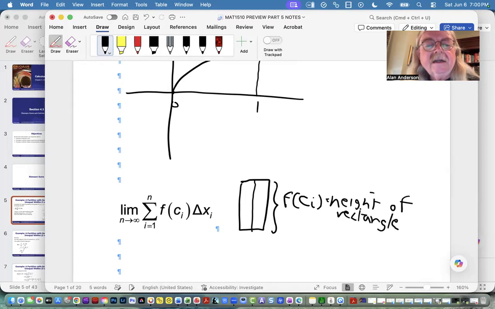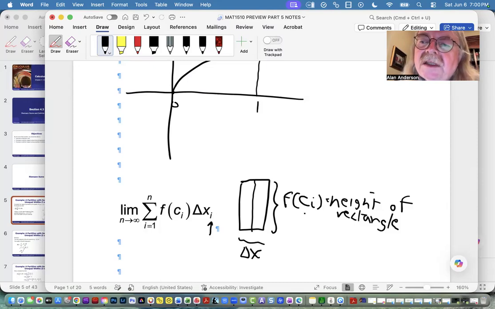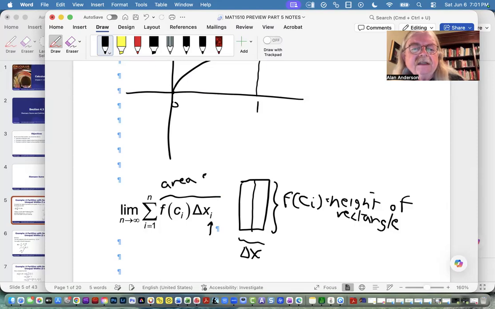And then depending on the size of the width or the base, that would be our delta x. Now here, if you notice, for the first time, delta x has an index. And that's because with Riemann sums, we're not assuming that all the rectangles have the same base. So in other words, it's not a constant any longer, so we have to have that subscript there. So this entire expression is the area of rectangle i.